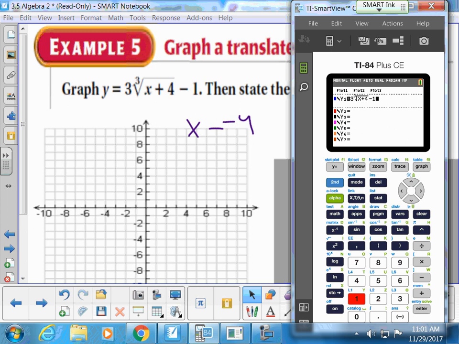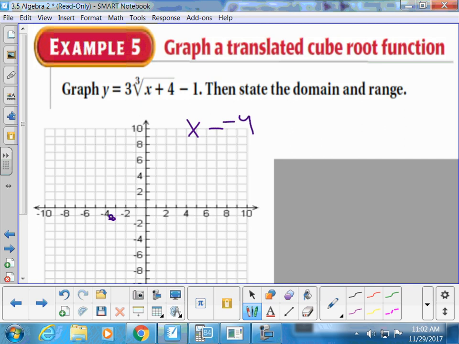Oh, x minus -4 is what is happening, but we're seeing it. Equivalent. Okay. All right, graph it. It used to be centered at 0, 0. Now it's centered at -4, -1, and it's that sideways snake shape again.